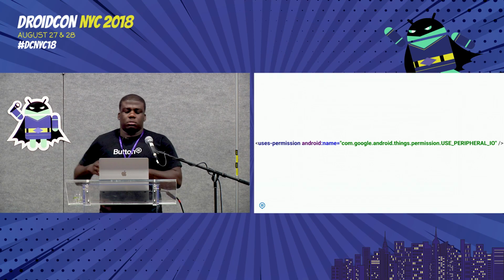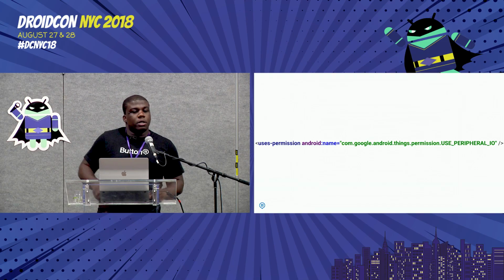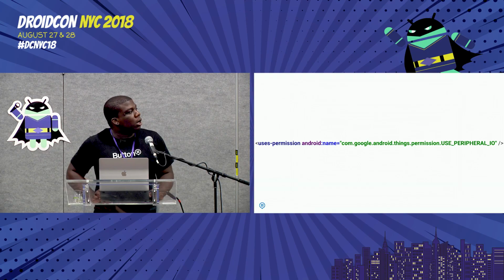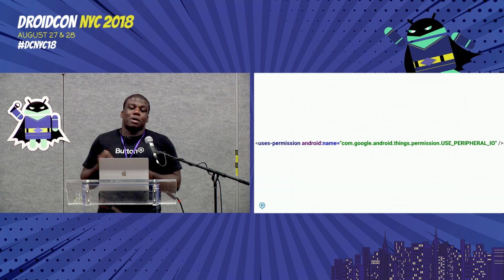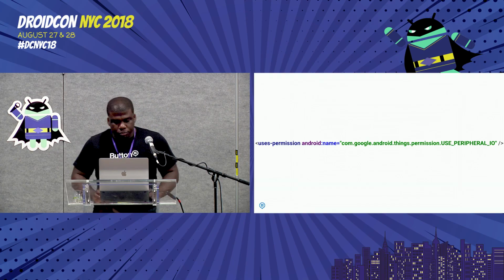For some reason, the older versions will include something called the IoT launcher category inside the intent filter on your activity. You'll have to update that to home instead of IoT launcher. Basically, what that does is, anytime you power your device and it automatically turns on, it will automatically start that app and that activity.